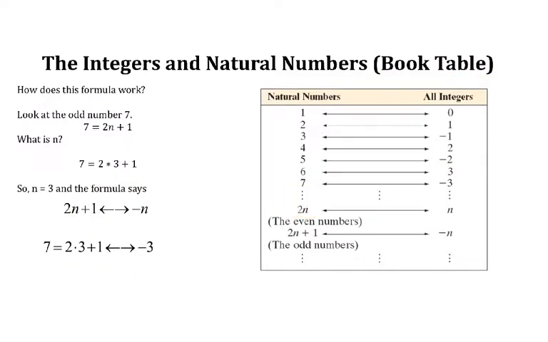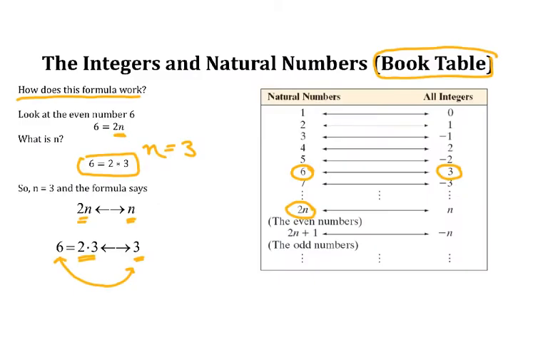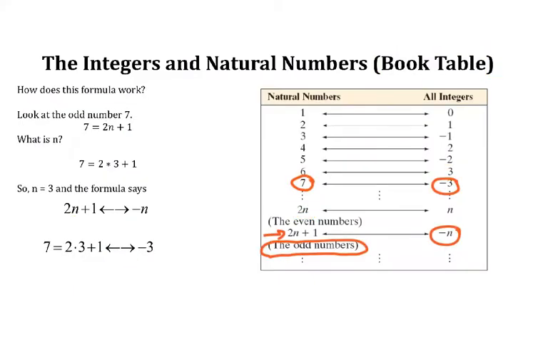Now, what about the formula for the odd numbers? Well, this says that if you're an odd number, 2n plus 1 goes to negative n. So 7 goes to negative 3, which is the same as our formula. So it tells me I need to write 7 as 2n plus 1.